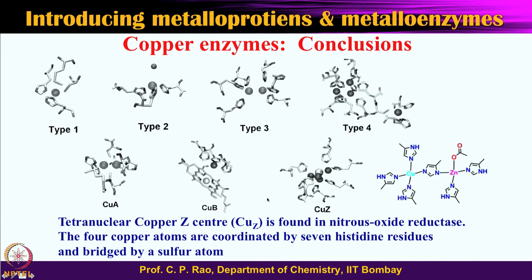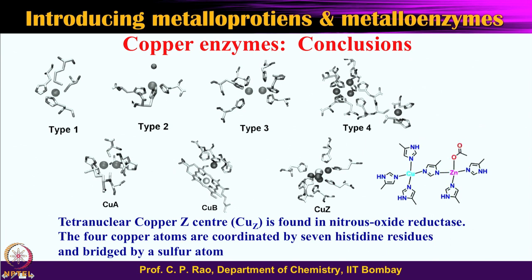So, in effect, under this story of copper, biological inorganic chemistry of copper in life, we have looked very detailedly at type 1, which is a blue copper protein. We have looked at type 2, which is involved in redox processes like galactose oxidase and amine oxidase.